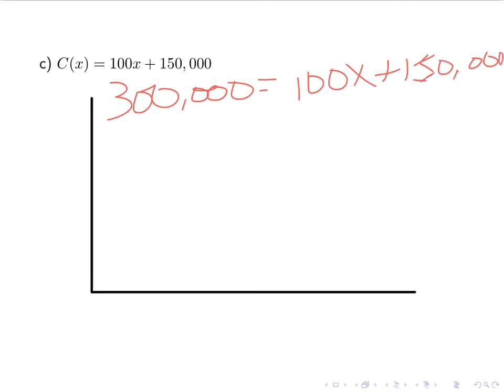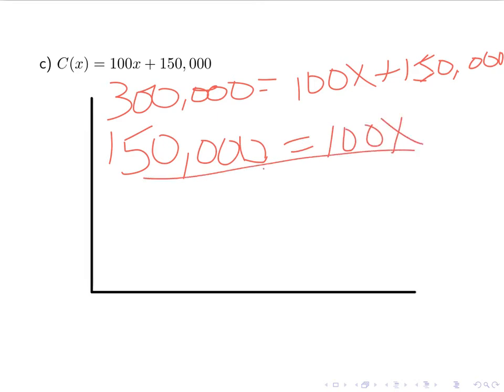It's kind of terrible. Subtract the 150,000 from both sides. Divide by 100, and that gives me 1,500. And again, that's a really nice integer, so I'm going to keep with it.